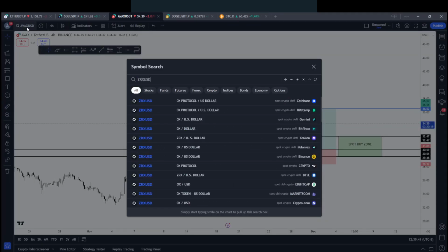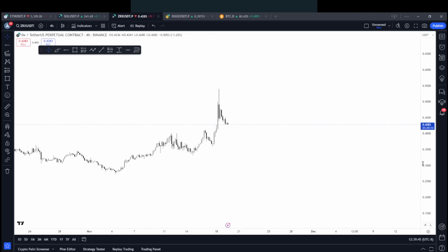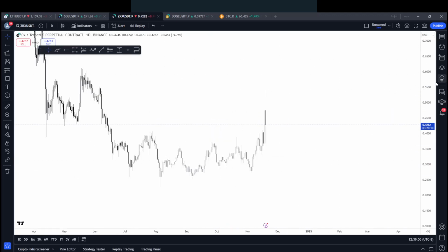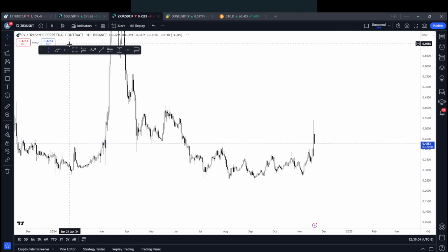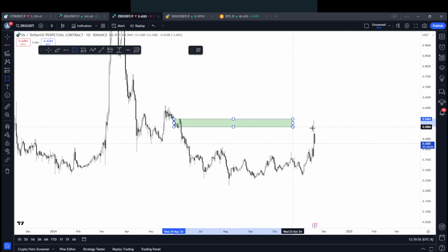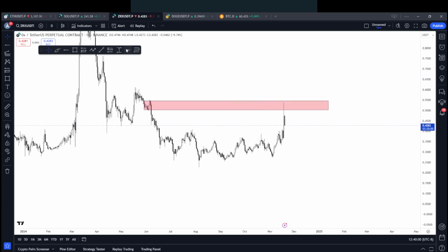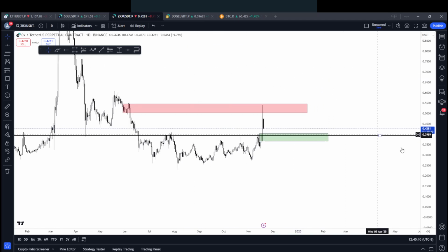ZRX, another Dino coin I haven't heard in a while. Yikes. That looks like shit. Okay.